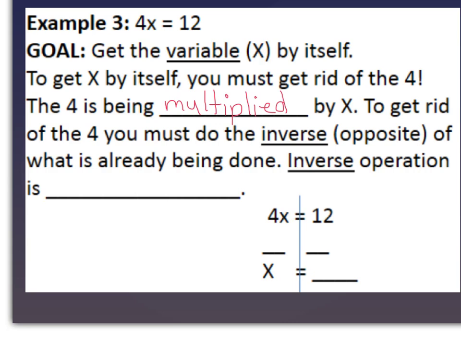The inverse operation of multiplication is division. So we are going to divide both sides by 4 in order to get x by itself. When we divide 4 by 4, that gives us 1, so 1x. In algebra, we don't put the 1 next to the x, we just know that there's an imaginary 1 next to it. 12 divided by 4 is 3.